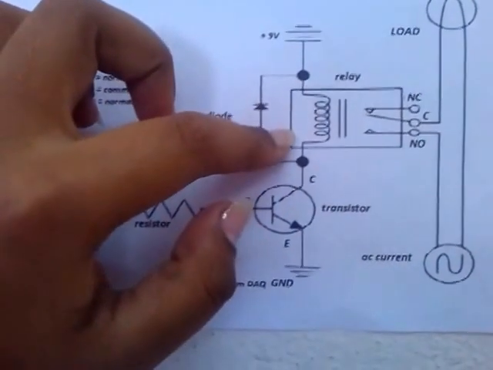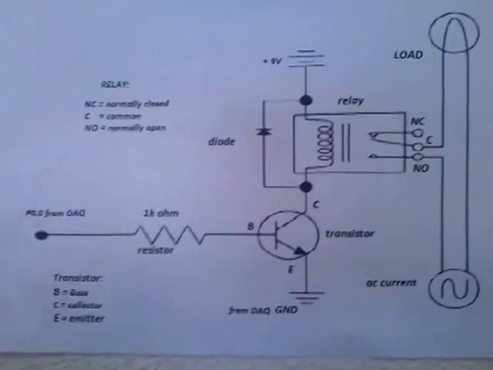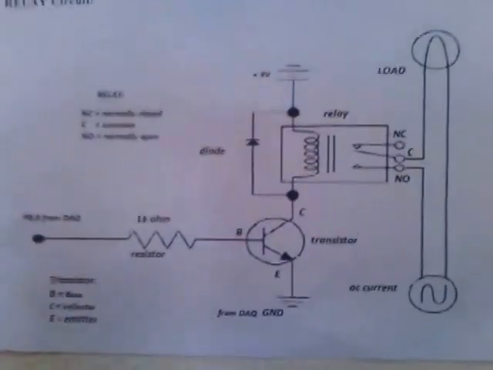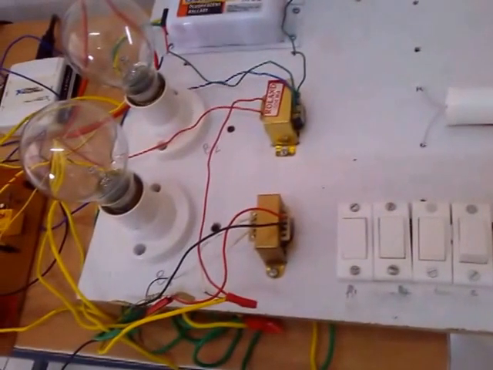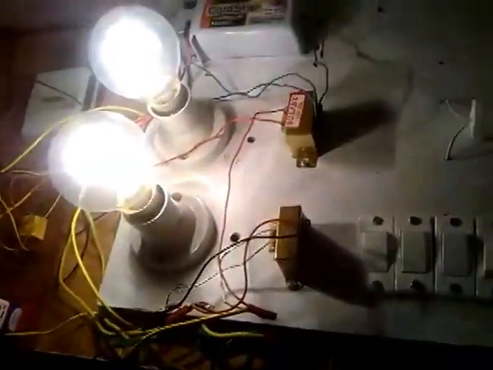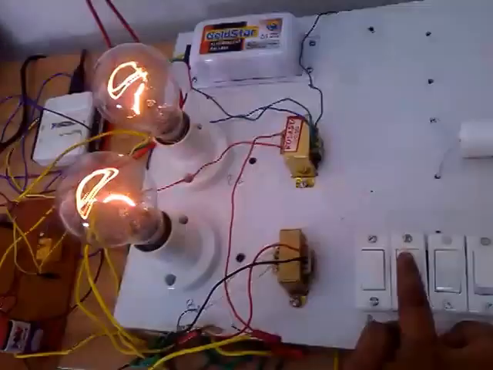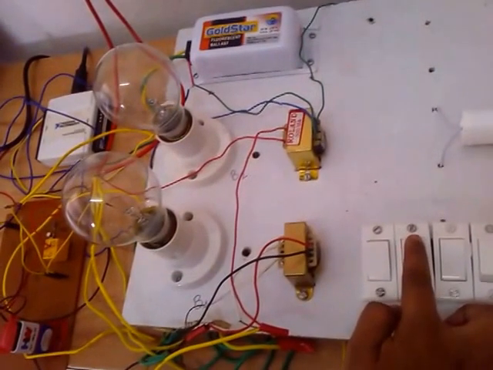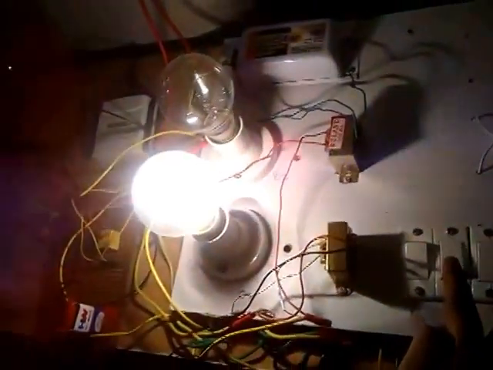And as soon as the relay is operated, it will disconnect the load from the supply. So whenever there is an overload, we have to remove the load from the supply in the meantime, and the supply will be connected to the load.